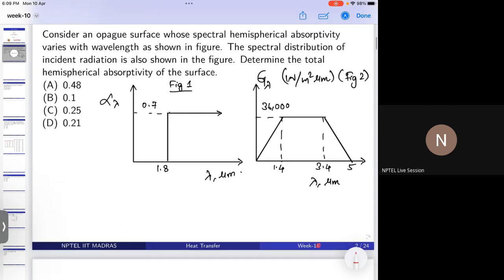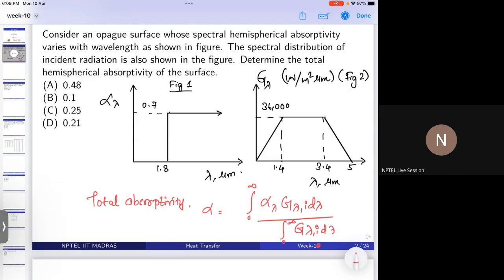So what is the total hemispherical absorptivity? Total alpha, this is what the question is asking. It is the integral from 0 to infinity of alpha lambda G lambda d lambda divided by the integral from 0 to infinity of G lambda d lambda.